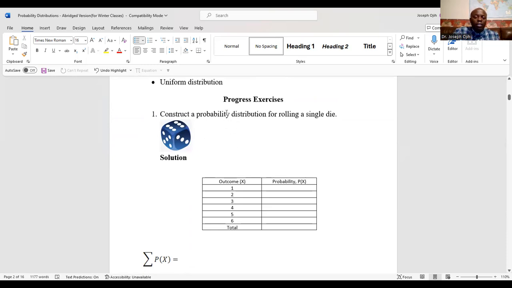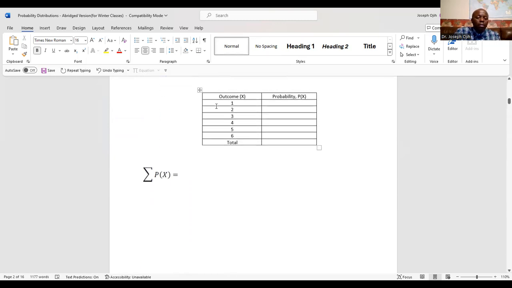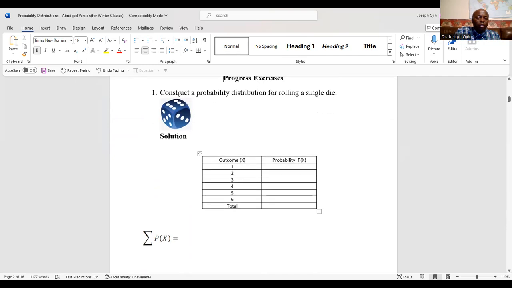Before we begin, let's solve some questions on that. The first one says, construct a probability distribution for rolling a single die.